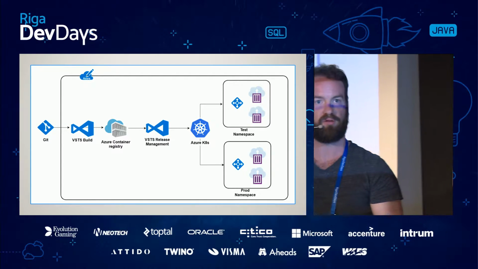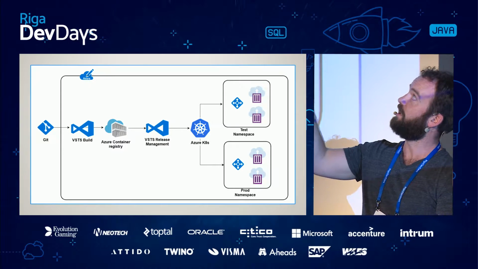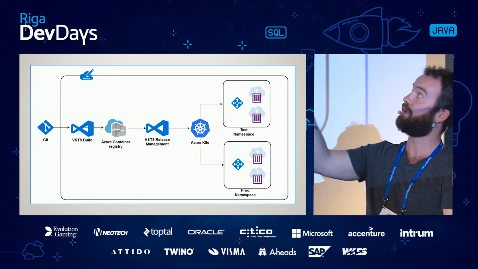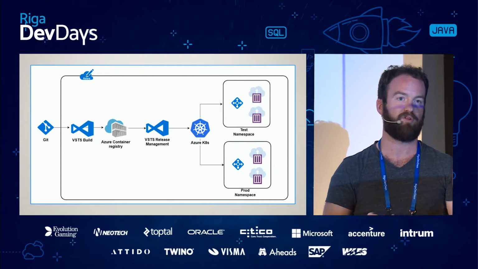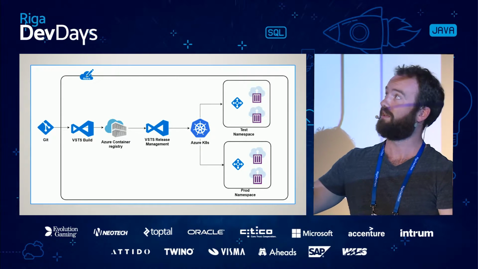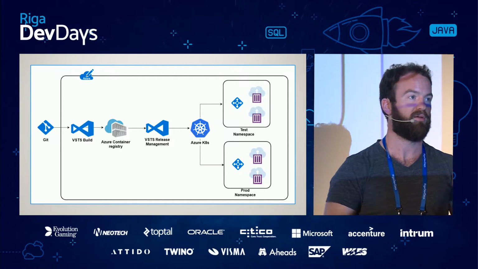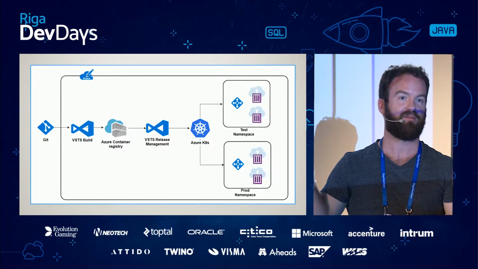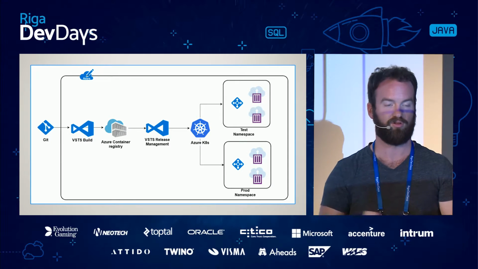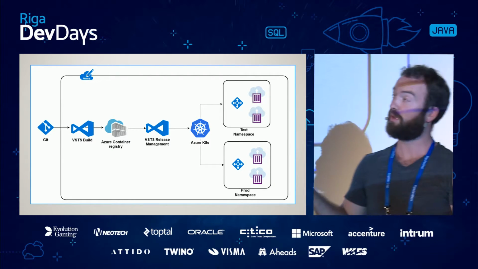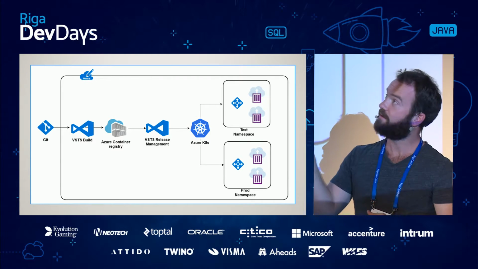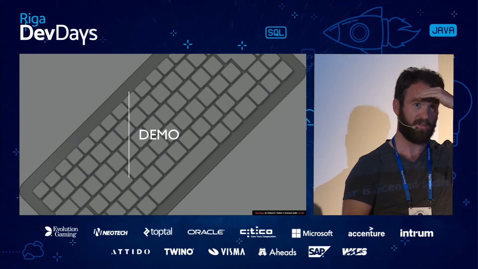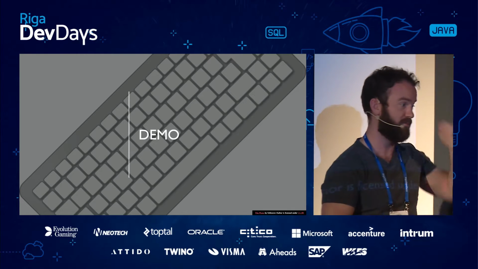Without going into Kubernetes too much, if you want to do any sort of load testing on test, and you separate your test and prod environments through namespaces, then it's obviously all running on the same hardware. It's using the same underlying compute, and you don't want to do load testing on test and then impact your prod environment. So just be aware of that. And with that, if there's no questions, let's have a look at the demo.